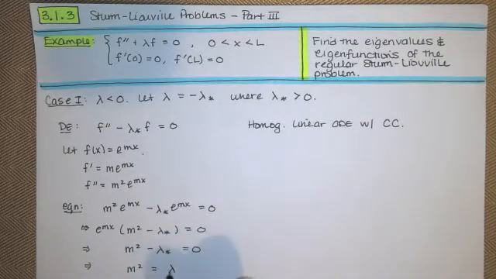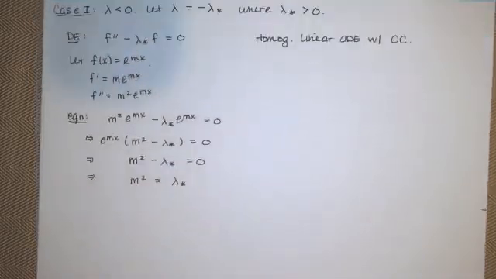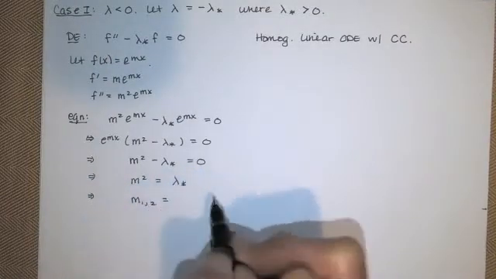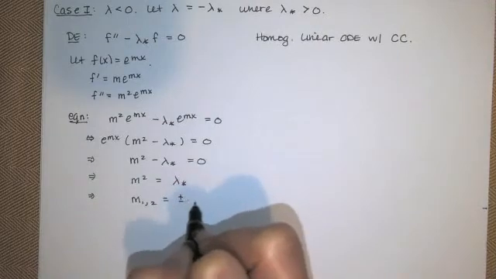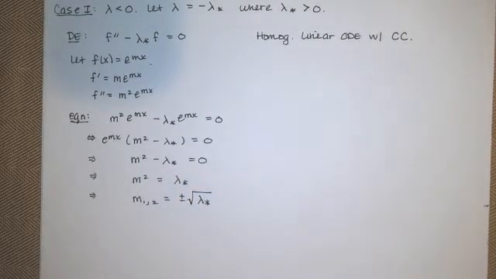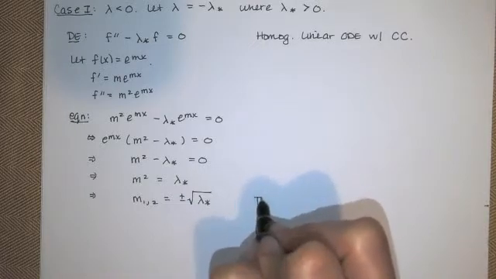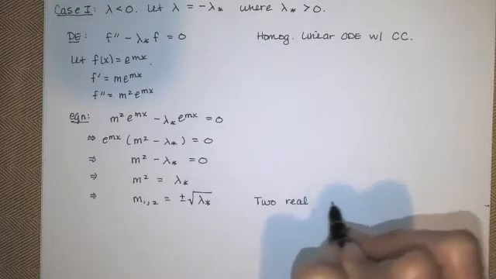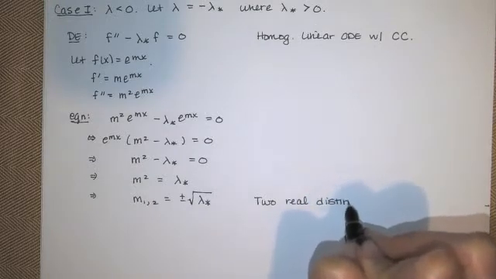Now that means that m squared would have to equal this lambda star, and lambda star is positive. So we're going to have m1 and m2 are plus and minus square root of this lambda star. So these are two real distinct roots.